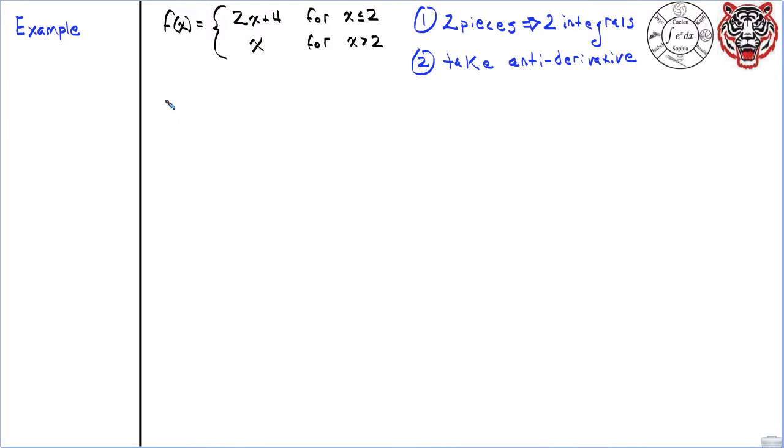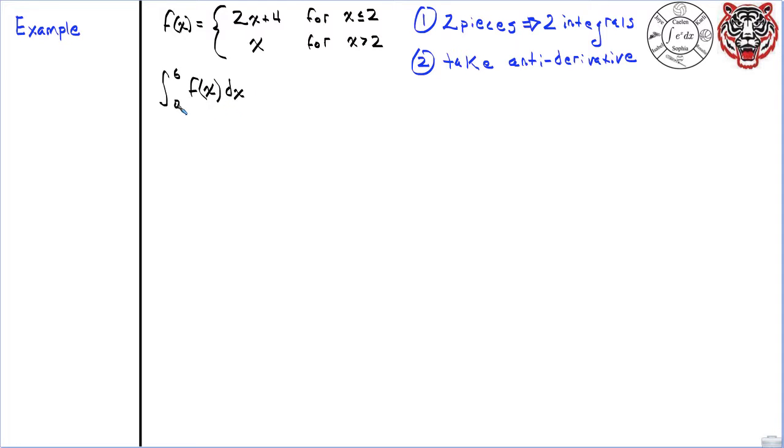So I'm going to do that down here. So we're taking the antiderivative, the integral from, oh, and I didn't even ask the question yet. I should have written that down in our setup, but I'll do it now. We're trying to find the integral from 0 to 6 of our function f of x. We'll put dx here too.